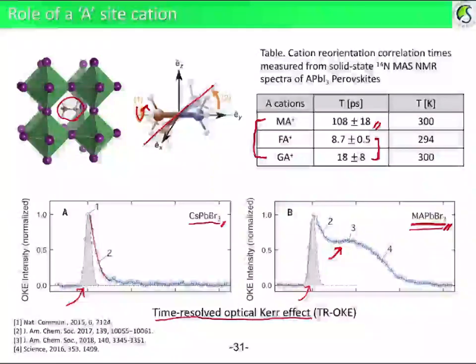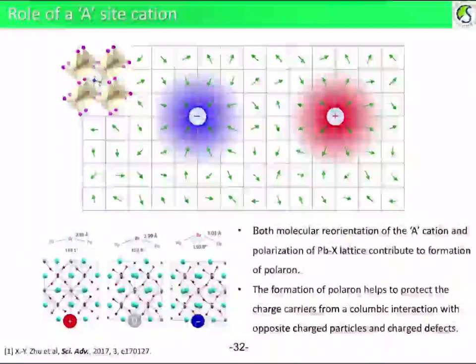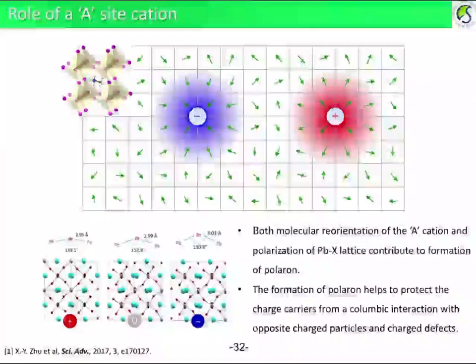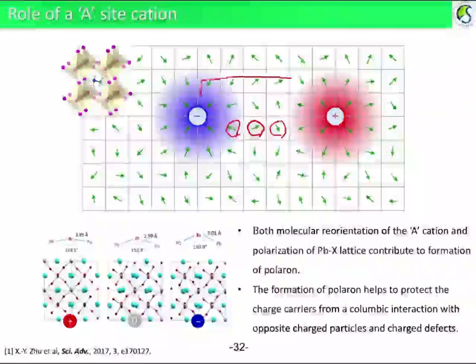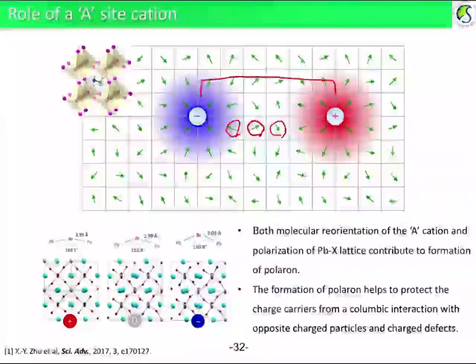This reorientation of the A cation was found to induce a dipole like this. So this dipole can screen the electrostatic interaction between the photo-generated electron and hole, which reduces the probability of charge recombination.